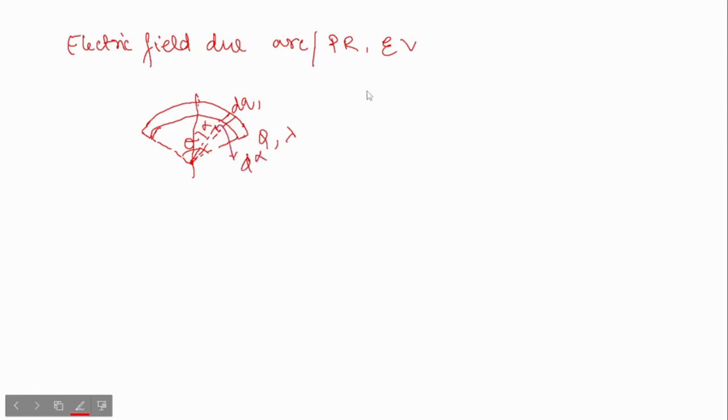The length of dq is dl, so dl is equal to r d alpha, radius into angle subtended. Now dq will be lambda times dl, because lambda is the linear charge density, so dq is lambda into r d alpha.